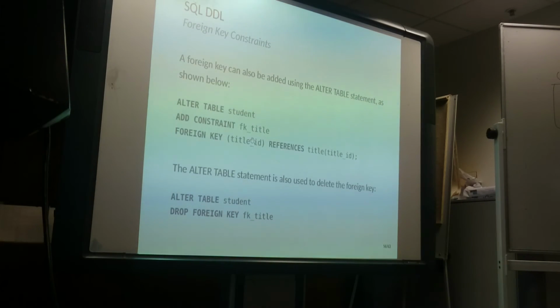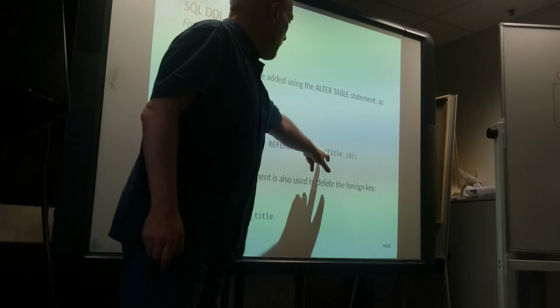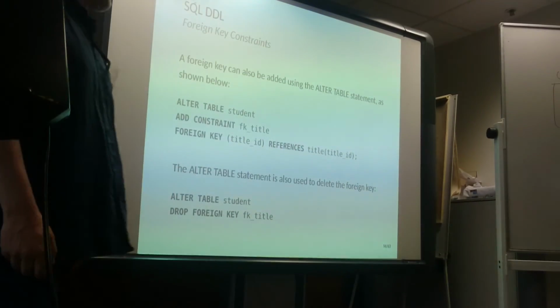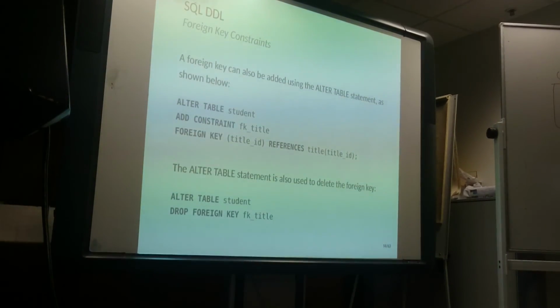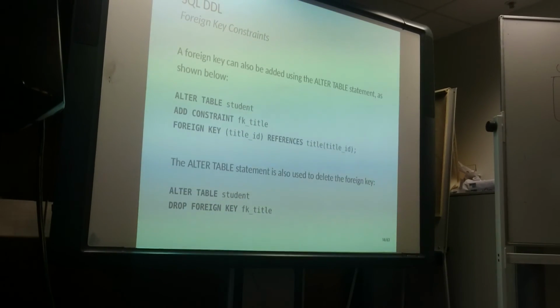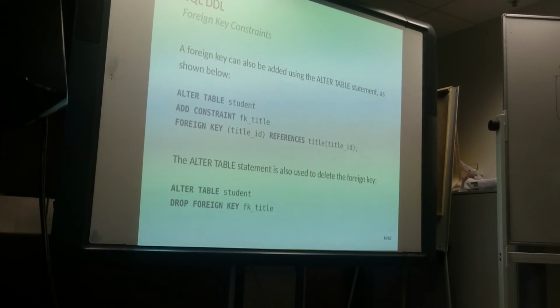And then references the name of the foreign table and the name of the foreign attribute. So references title, parentheses, title ID. And alter table can also be used to drop a foreign key, using the alter table statement, drop foreign key and the name of the foreign key.